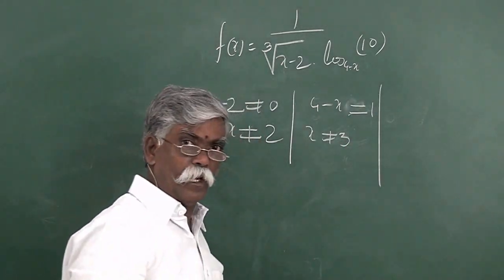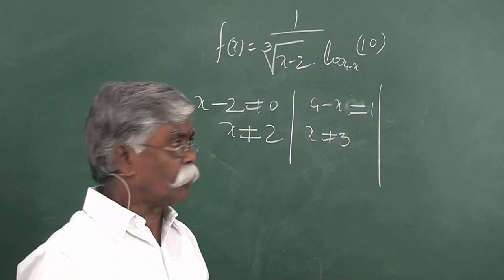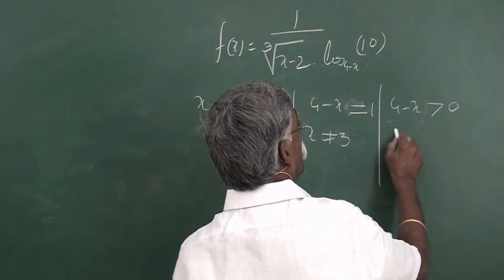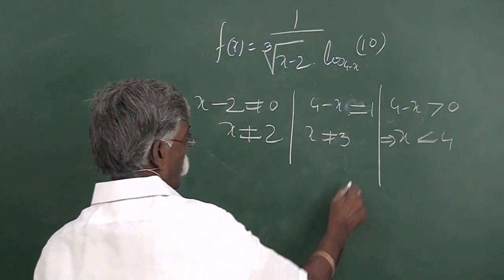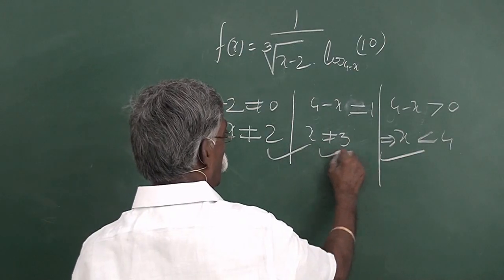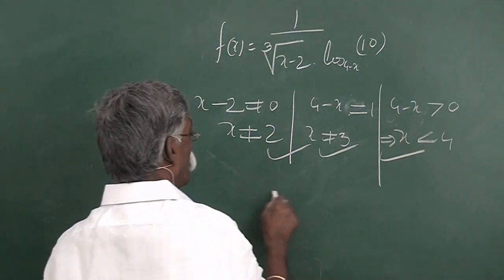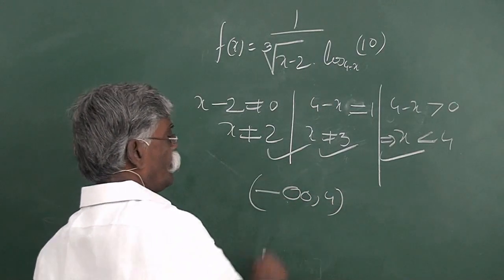Because the base should be positive and it should not be equal to 1. Also, the base is positive means 4 minus x is greater than 0. This implies x is less than 4. So, x is less than 4 and x is not equal to 2 and x is not equal to 3. Therefore, x less than 4 means it is minus infinity to 4.